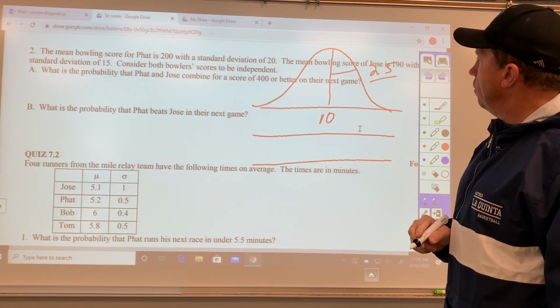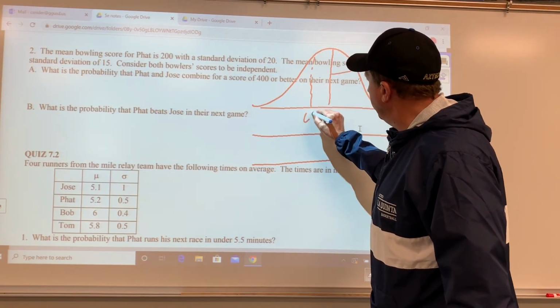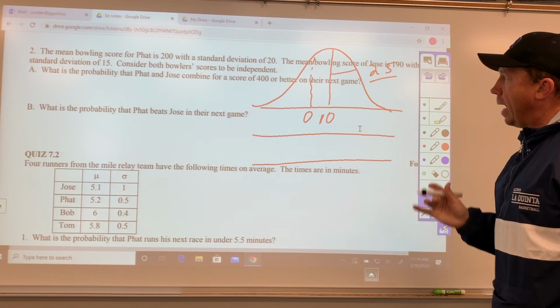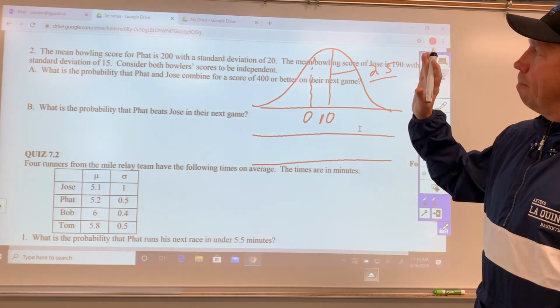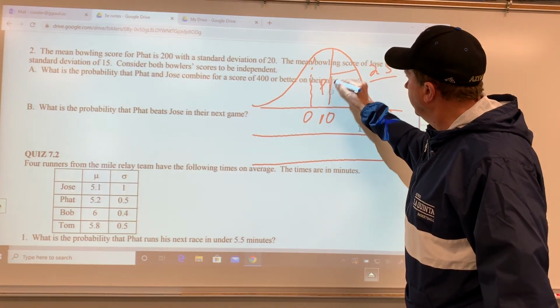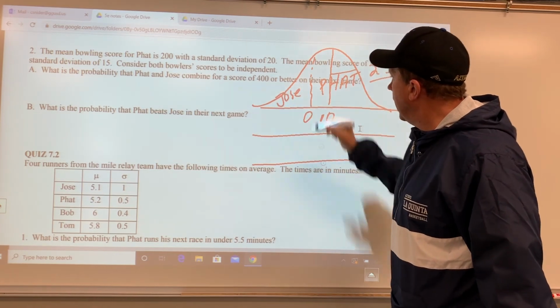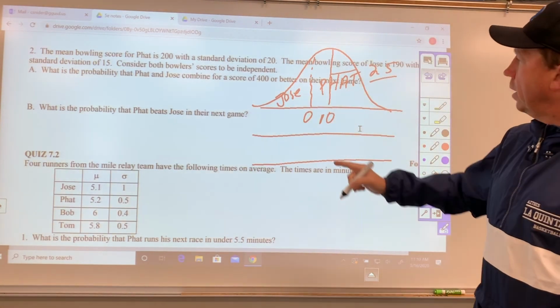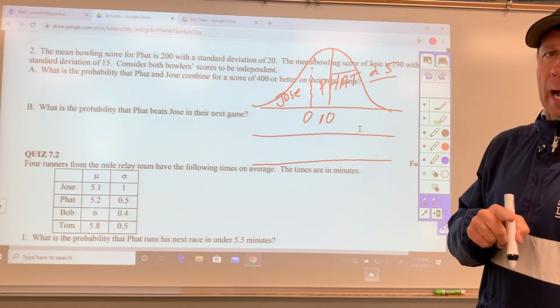Now, all I'm going to do is identify 0, the point always to the left here. That's where they tie. You have to ask yourself, who's better, Fat or Jose? Because bowling is high score wins, Fat's better. Fat gets the larger side because he's going to win more often, and Jose gets the smaller side. Now all I do is calculate the z-score for 0, which represents a tie.